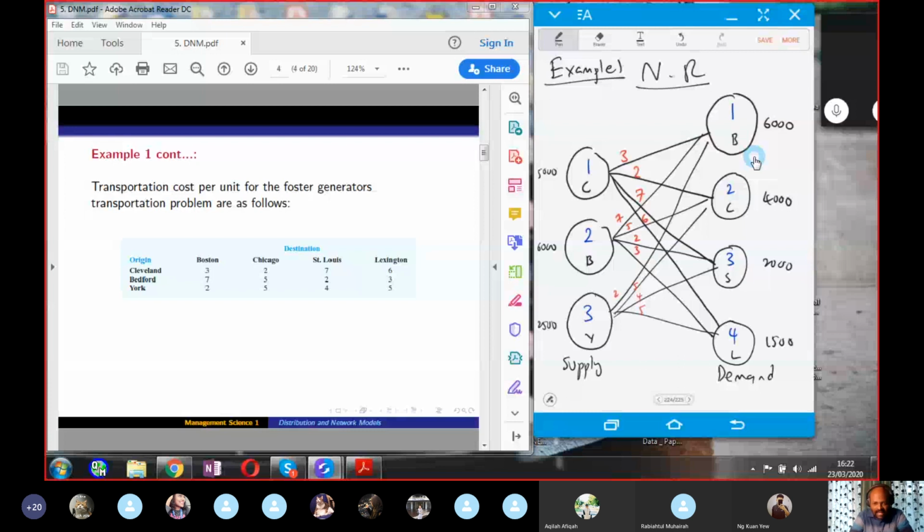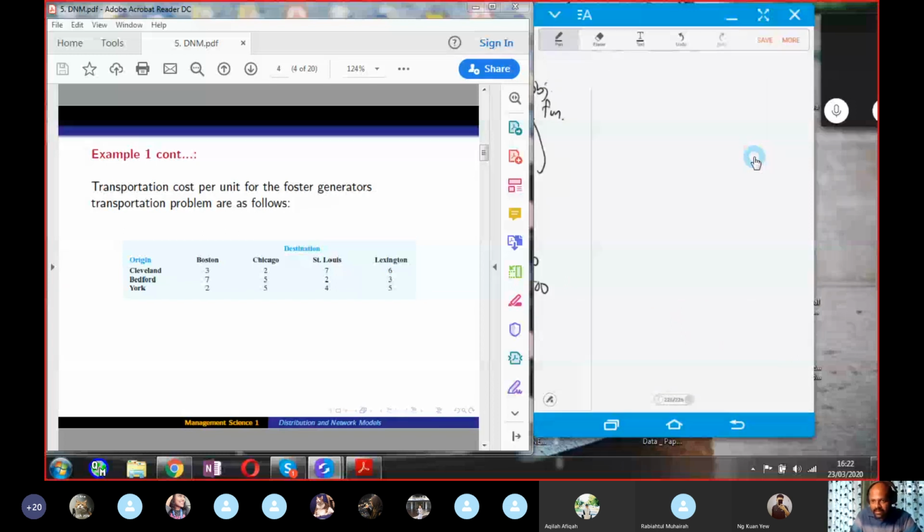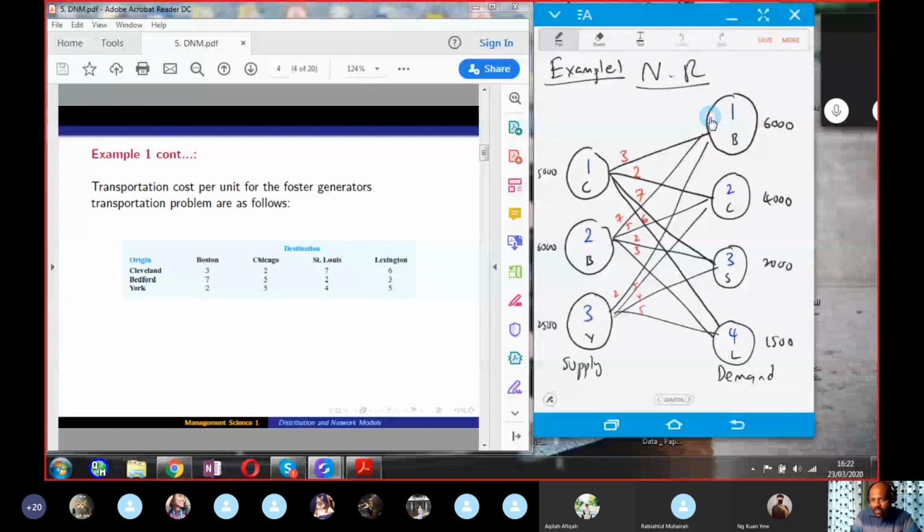It cannot be less, it cannot be more. So the next part of the constraints is that whatever quantity goes into here must be equal to 6,000, here equal to 4,000, and this one 2,000.